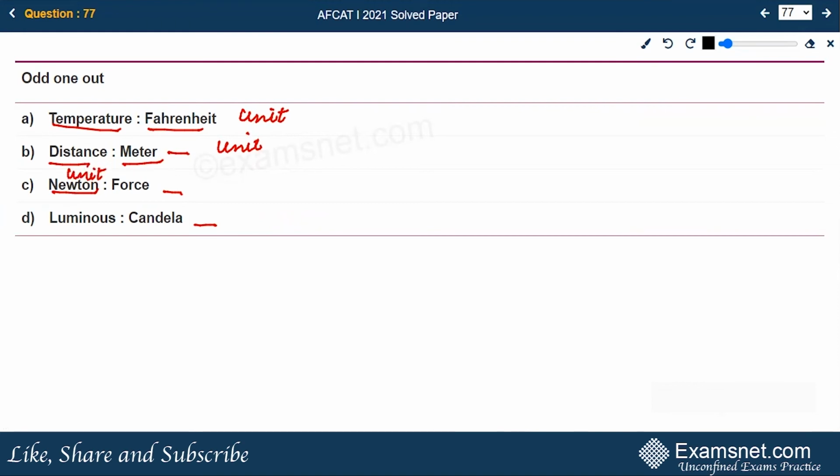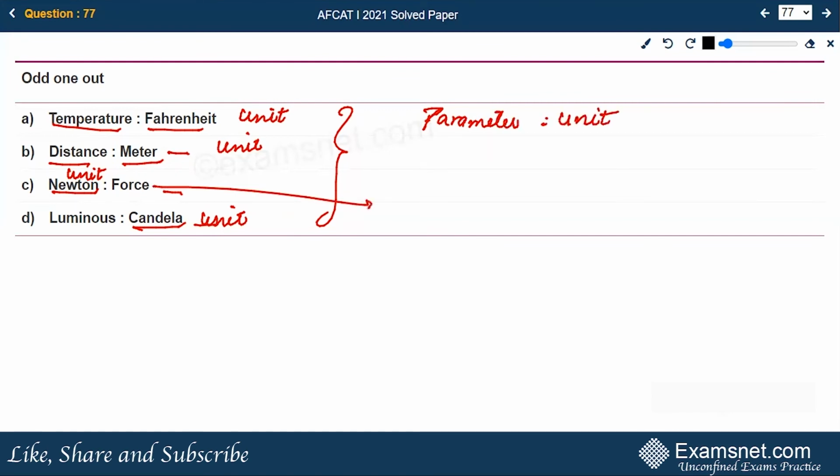Candela is the basic unit of luminous intensity. So you can see that in all the others, the parameter is written first and then its unit, and only in one is the unit written before the parameter. So which is the odd one out? Option C is the odd one out.